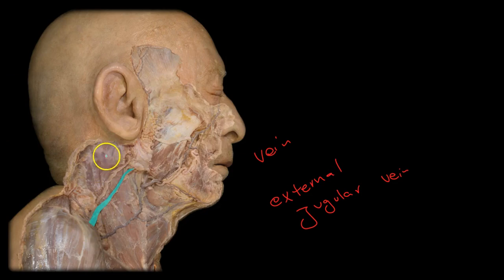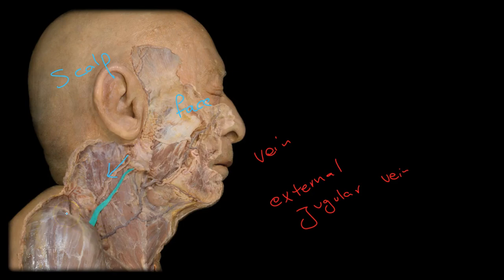That is the blood flow in the vein. It's going to drain the oxygenated blood from the scalp and from the face, and it's formed near the angle of the mandible, and then it descends toward the middle of the clavicle.